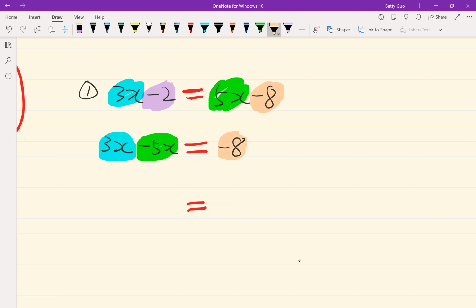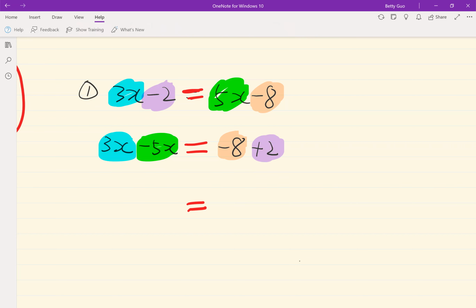Do we want to move purple to the right-hand side? Right? What's the sign of the purple? Negative, so when you move it, you just change it to positive, and that's all it takes. Very convenient.